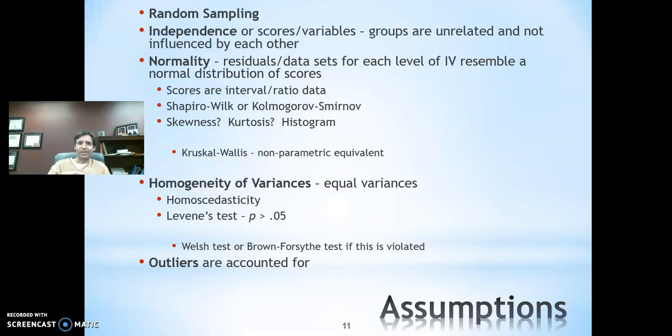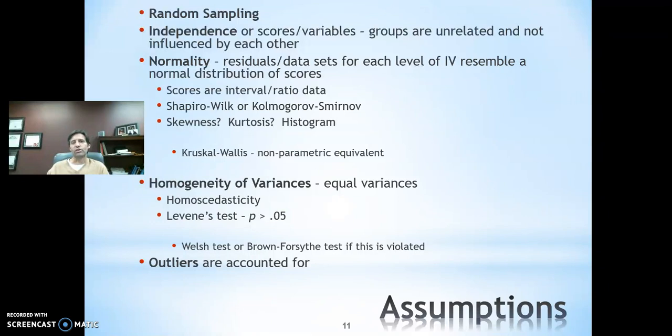You also really want the assumption of normality. Your residuals or data sets, your individual group scores on your dependent variable, in each level of the IV, resemble a normal distribution of scores, that bell curve. And to get this, you need to be considerate that your scores are measured in interval or ratio data.